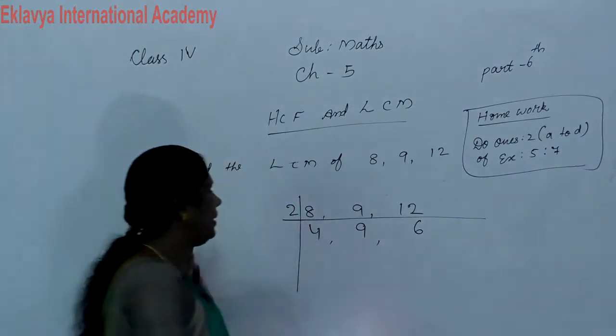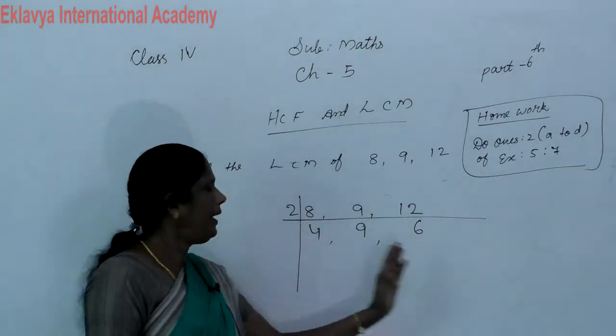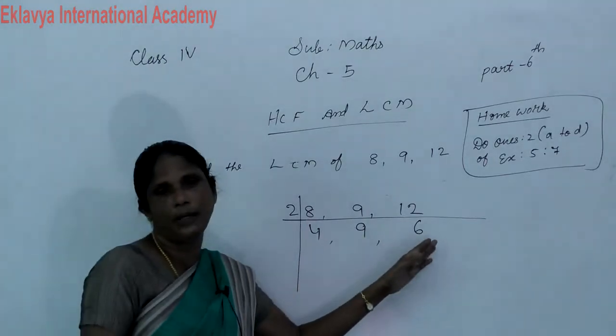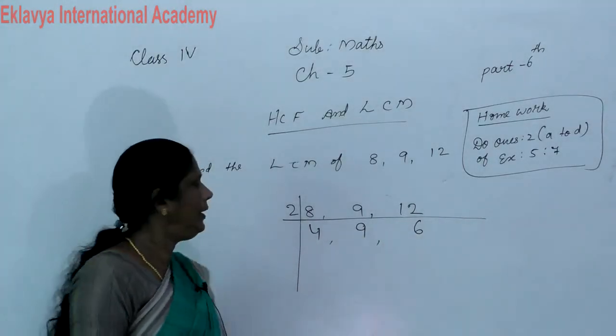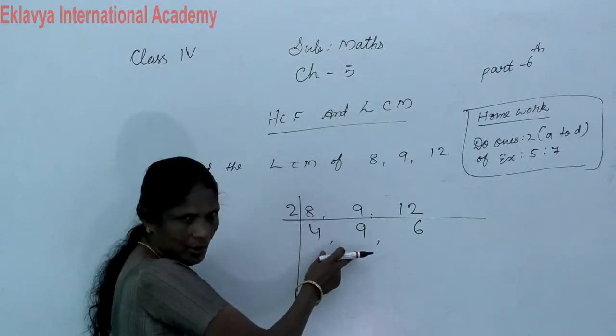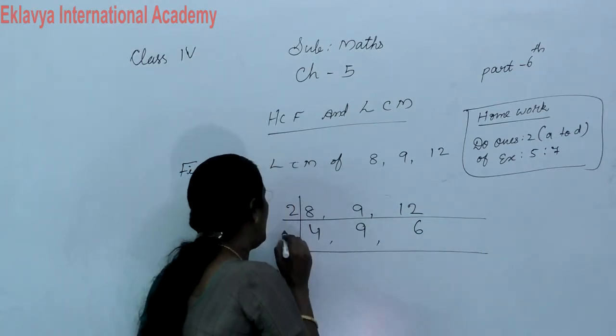Now our numbers are 4, 9, 6. Again you check whether these numbers are divisible by 2. Yes, 4 is divisible, 9 is not divisible, 6 is divisible. Again you divide by 2.